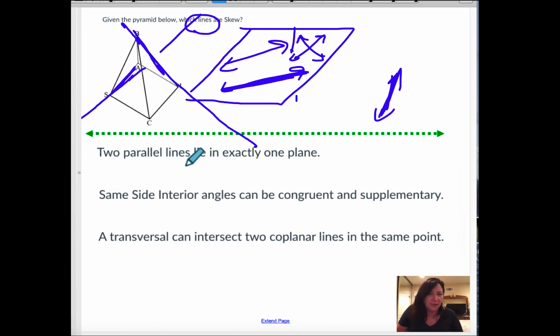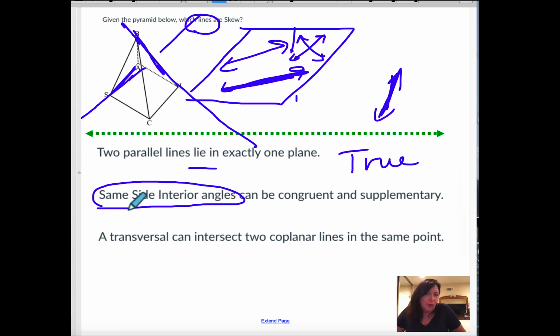Two parallel lines lie in exactly one plane. True. Same side interior angles can be congruent and supplementary. Well, we know that same side interior angles are for sure supplementary, right?